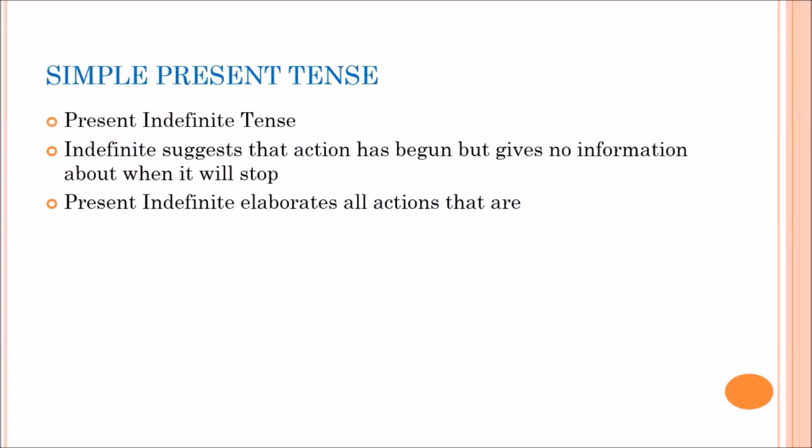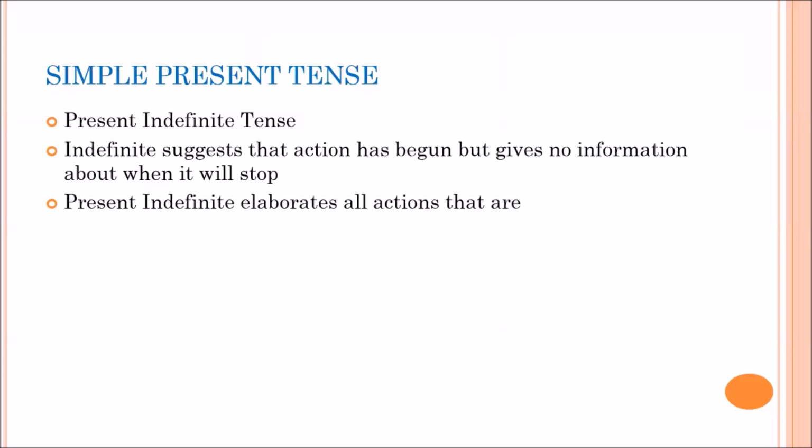Now we will move on to today's lecture that is about use of simple present tense or present indefinite tense. These are two names used for one tense. In some books, you may find it as present indefinite tense, and in some books, you will find it written as simple present tense.